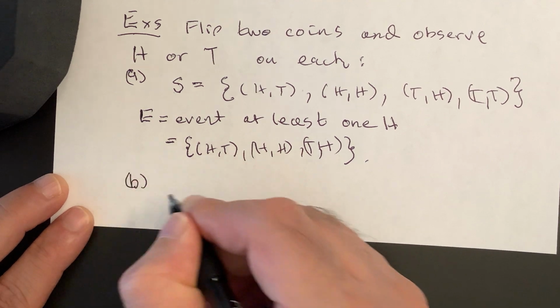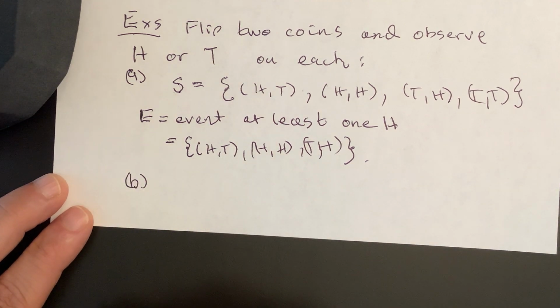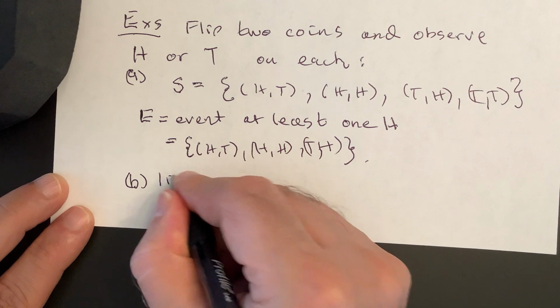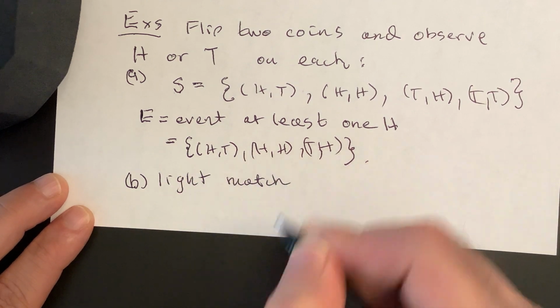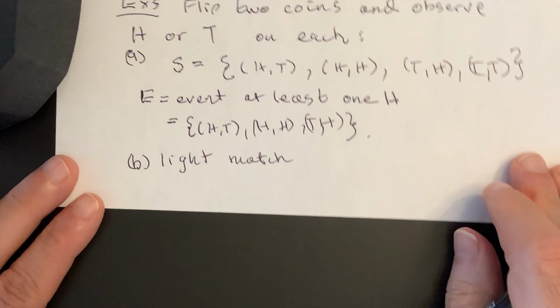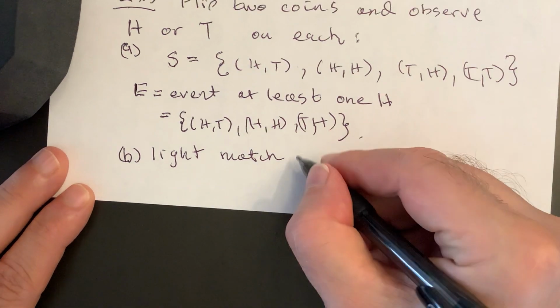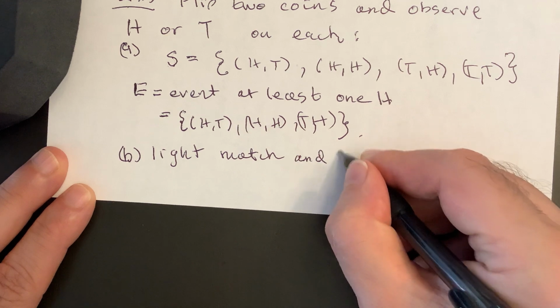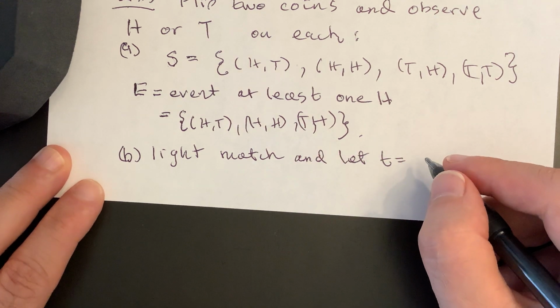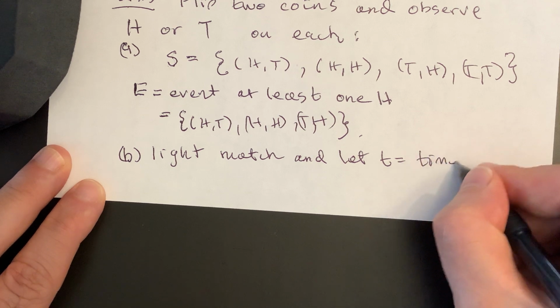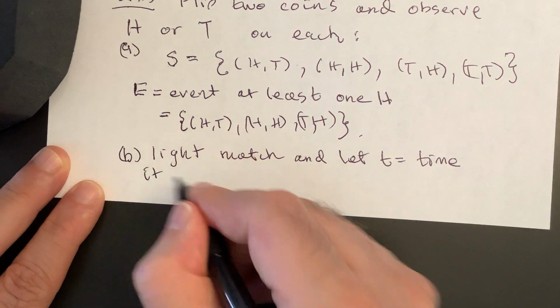B is, say, I light a match and let T equal the time it burns.